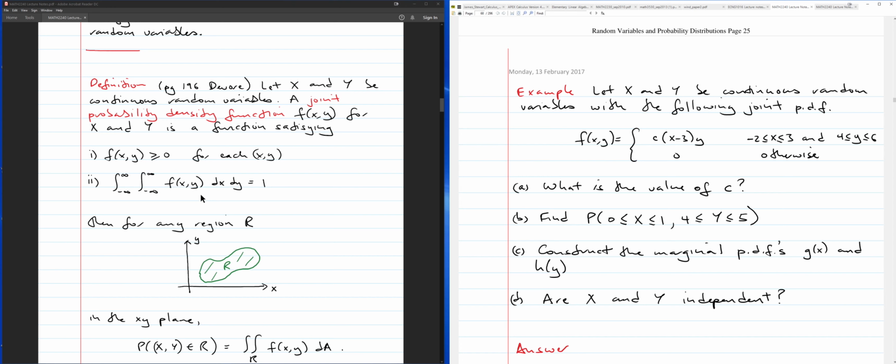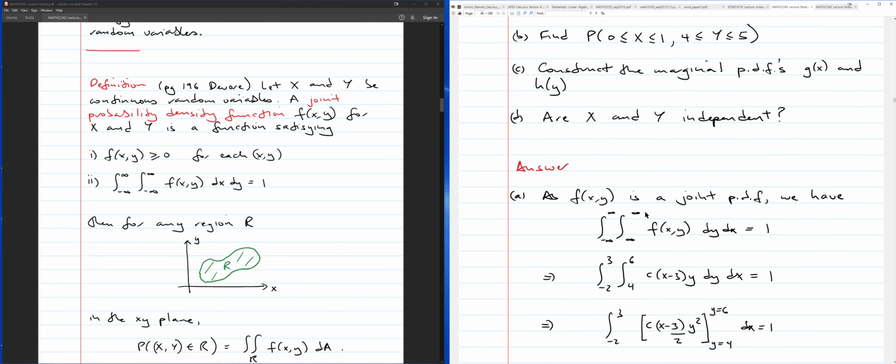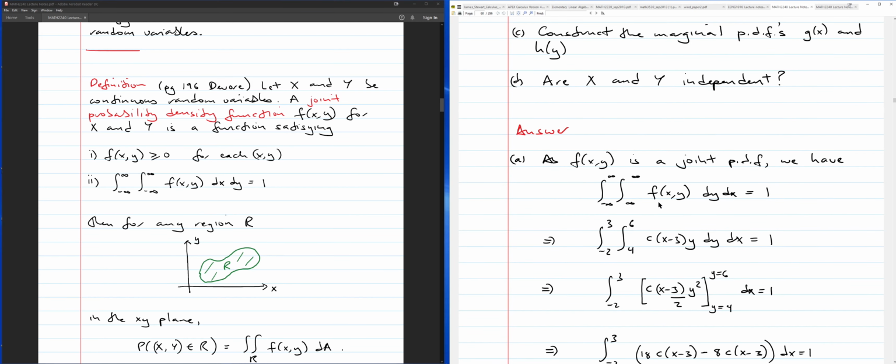So you need to do this double integral from minus infinity to infinity for limits x and y. When we integrate this function of x and y over the entire plane, you're going to end up getting an expression in c. Okay, so this would be how you do it.